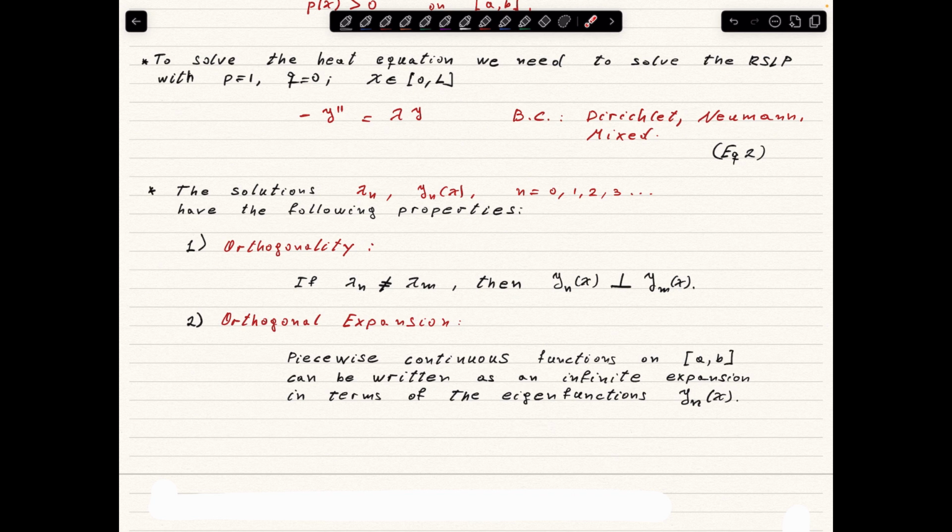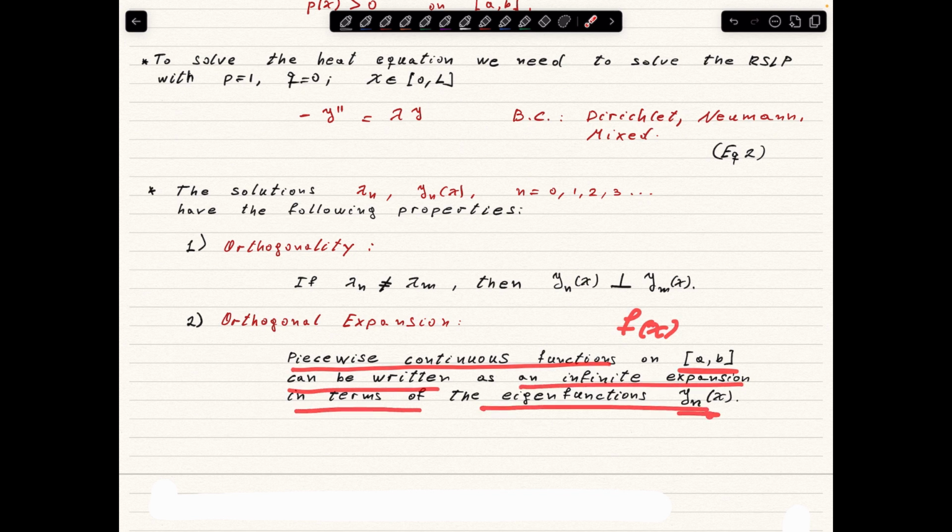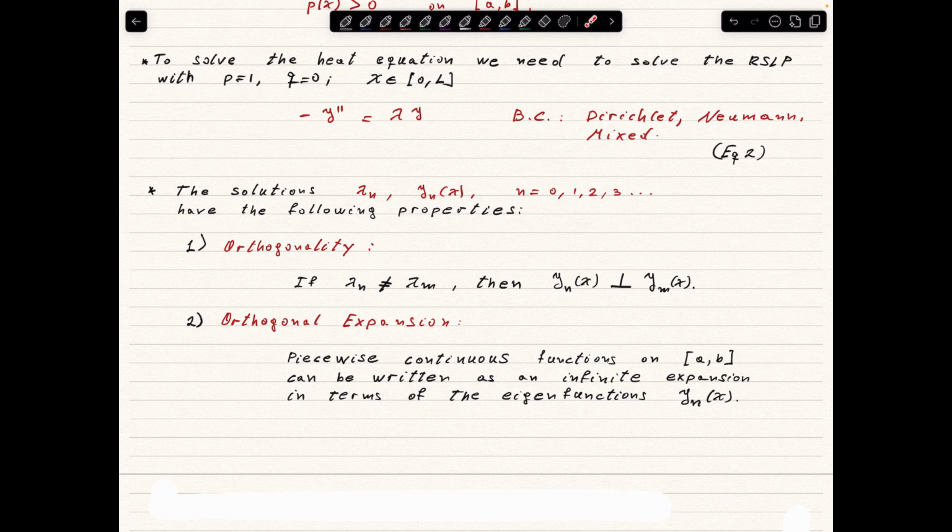And the next is the property of orthogonal expansions. Piecewise continuous functions, let's say f of x on the interval AB, can be written as an infinite expansion in terms of the eigenfunctions yn. This is the property we want to focus on today.